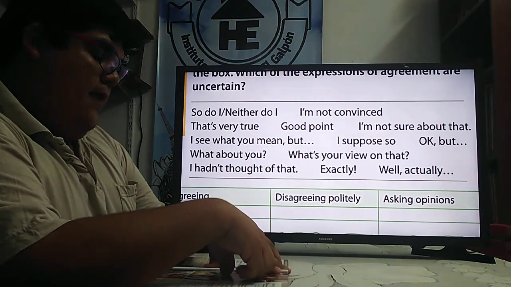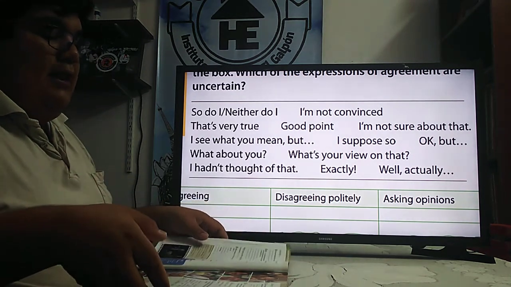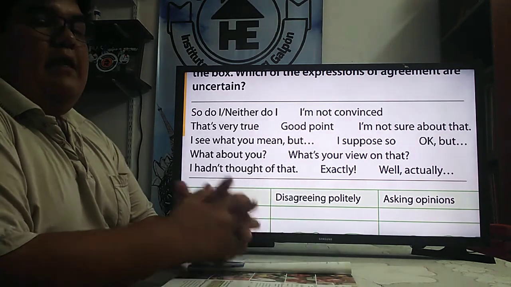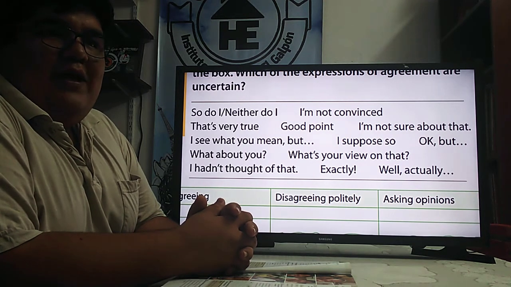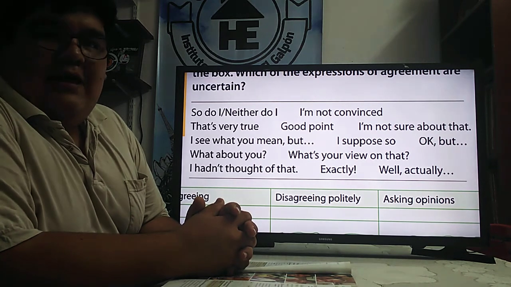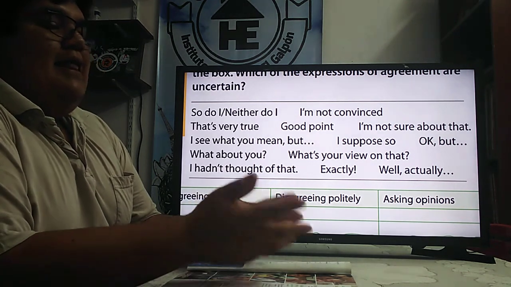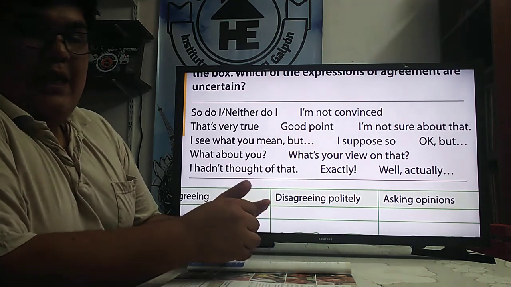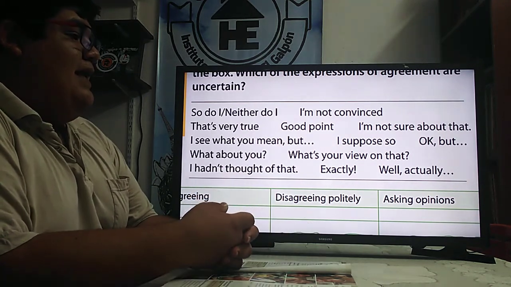For example, you get to the next class and you say, I think English is great, and one of your classmates answers, so do I. But if you say, I don't like English, one of your classmates may answer, neither do I, okay? So do I means in Spanish, yo también, and neither do I, yo tampoco, okay?